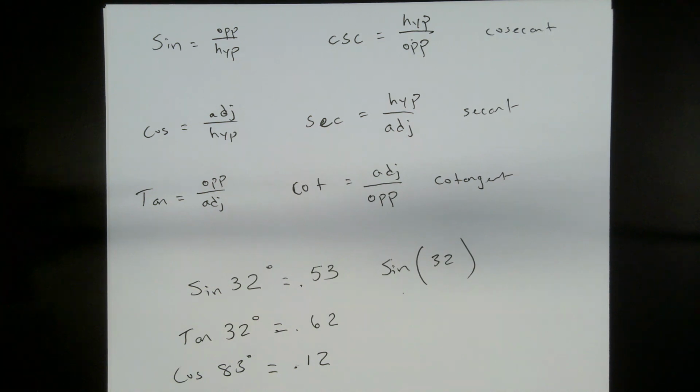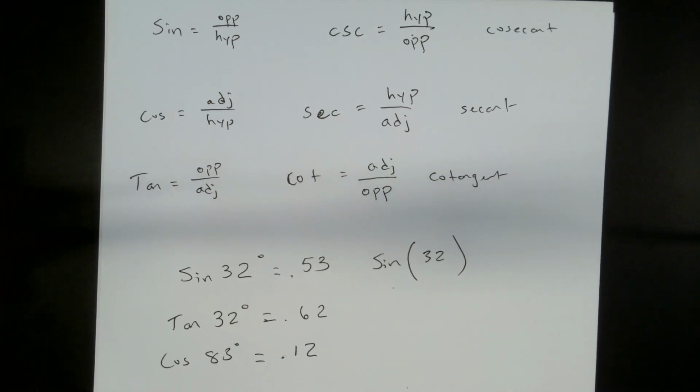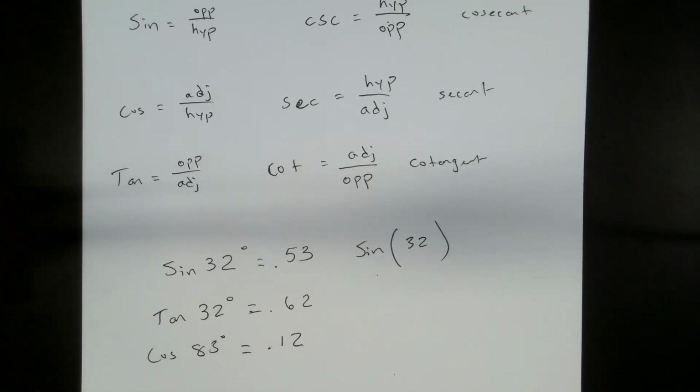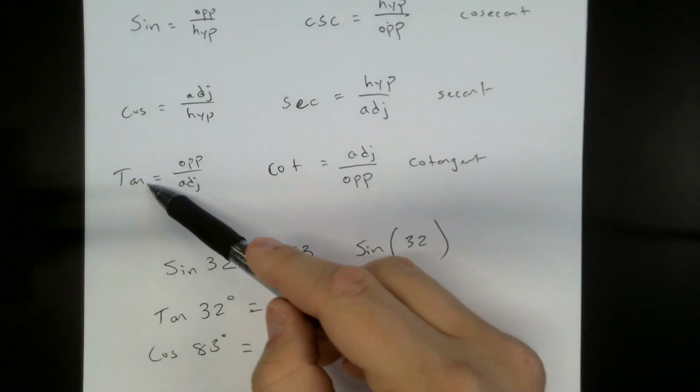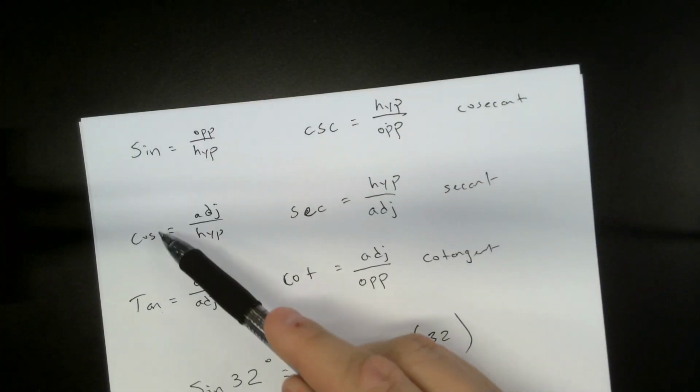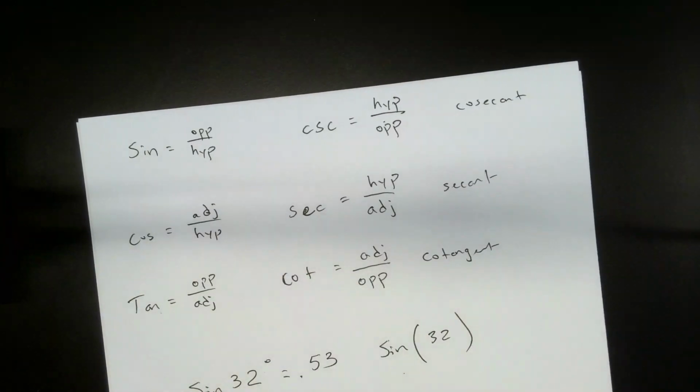Now, that's how you're going to plug in when you get problems that just give you the angle. Let's go over real quick before we do our homework, just review. The angle is always next to the trig function, and it's the angle you're looking at.